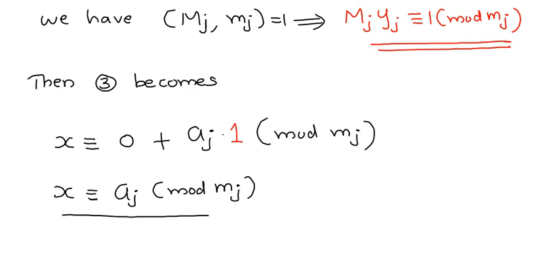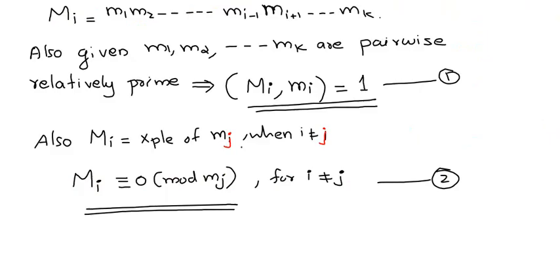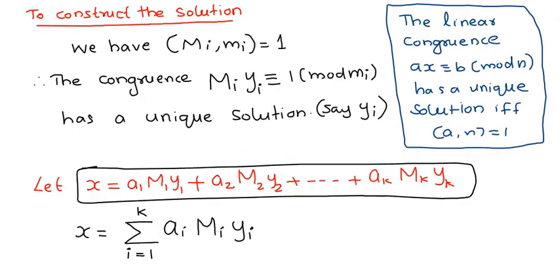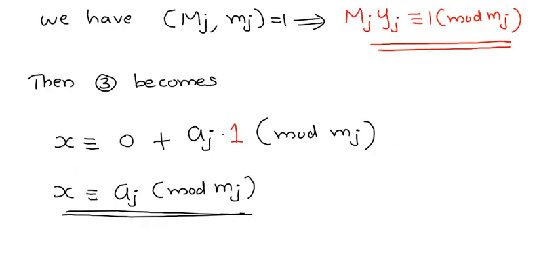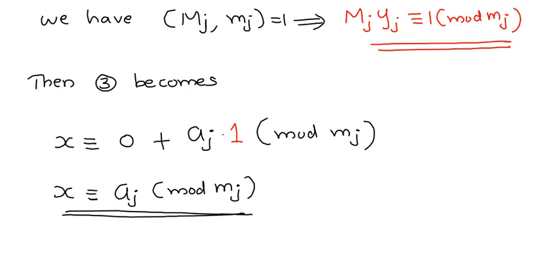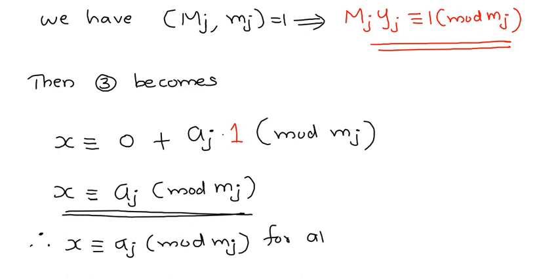So that is this x. What is x? x is this value, this sum. This summation x satisfies the jth equation. Here the jth equation is arbitrary, therefore x congruent to aj mod mj for all j, for all 1 less than or equal to j less than or equal to k.